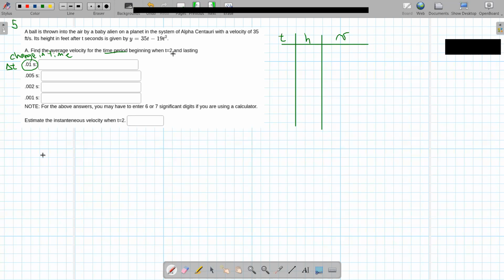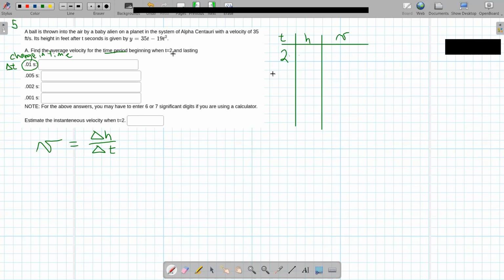And we're finding velocity, and average velocity is change in height divided by change in time. So they're not actually giving me the x value, they're giving me the denominator of my slope here. So if t starts at 2, we'll calculate that height in a moment on a calculator.